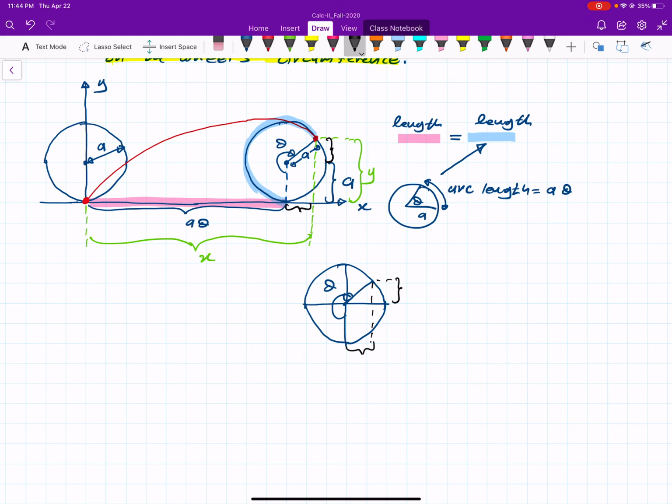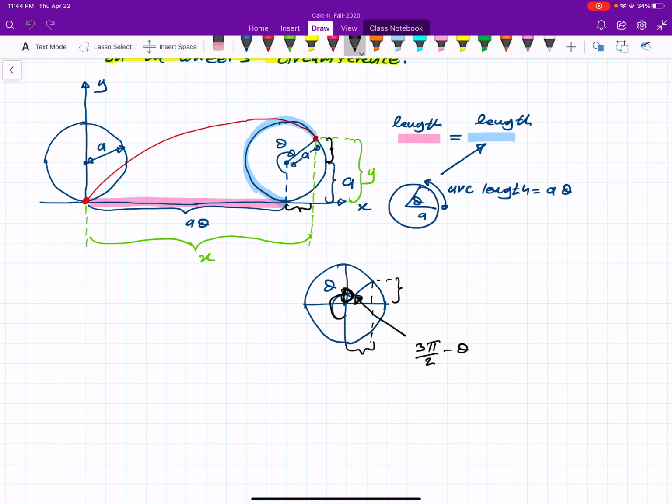For that you could just compute this angle, which is 3 pi over 2 minus theta. So this big angle is theta, and this small angle is 3 pi over 2 minus theta.